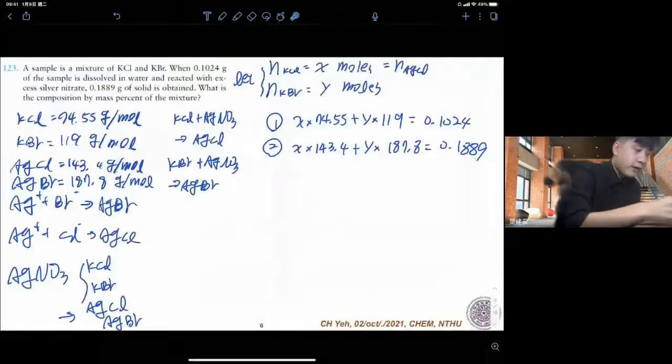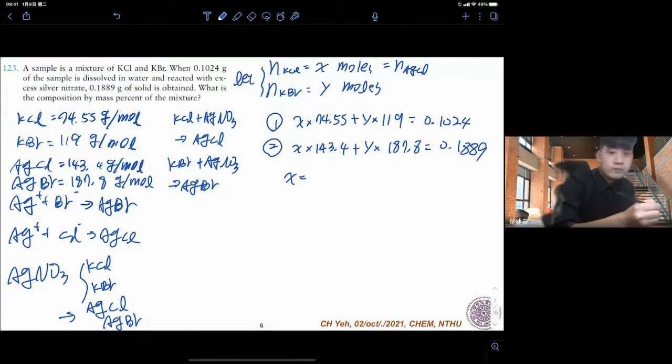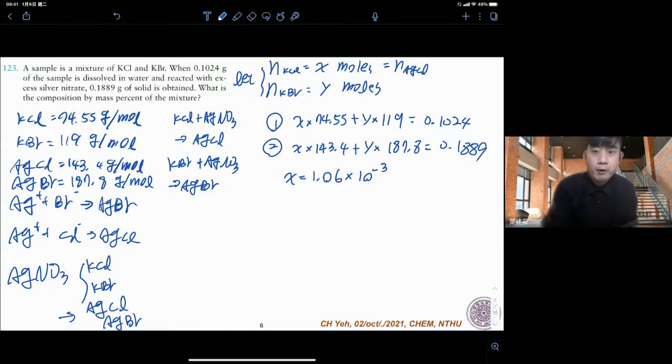So the final answer here is that x equals 1.06 times 10 to the power of minus 3. Okay, so when we obtain the moles of potassium chloride, we can calculate how many percent by mass there is in the mixture.